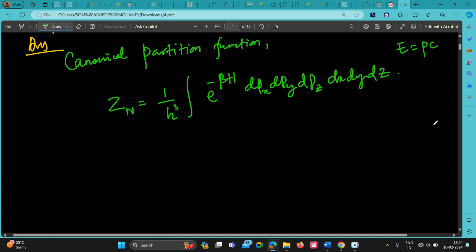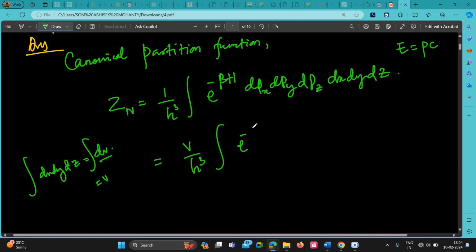See, integration of dx dy dz is how much actually? It's actually dV, isn't it? Integration of dV, that means it's V. So I can take it out. So it will become V by h cube, integration of e to the power minus beta H dpx dpy dpz.